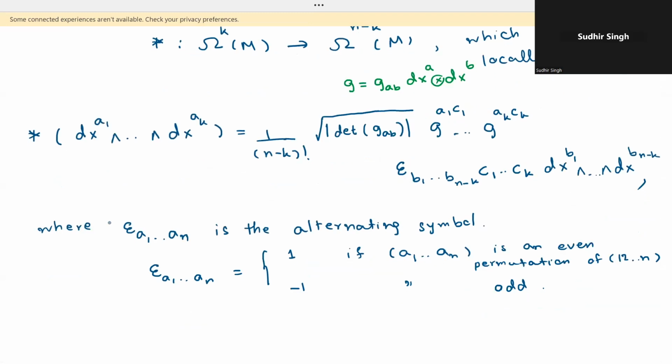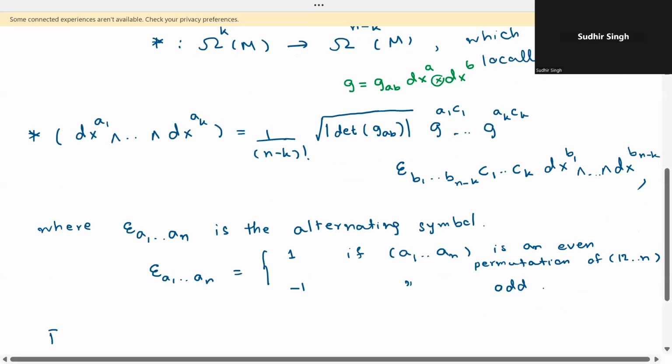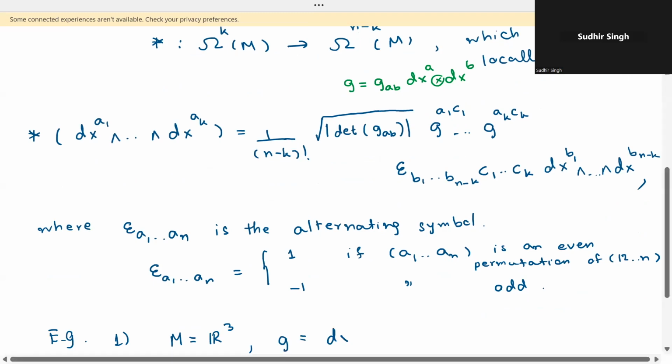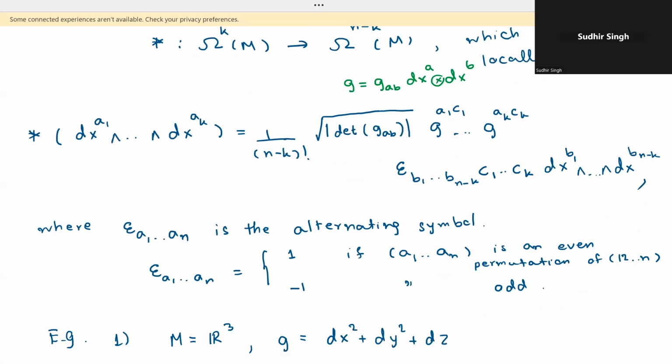Okay, let me give an example that you can try to verify using this formula. For example, if M is just R3 with Cartesian coordinates, and g is the flat metric given by this, and the orientation is determined by the volume form.